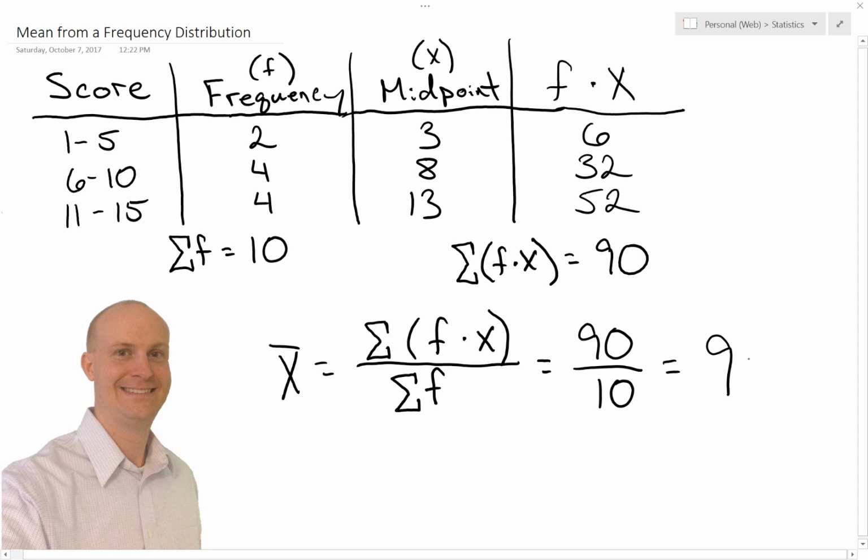So the mean of this frequency distribution is equal to 9.